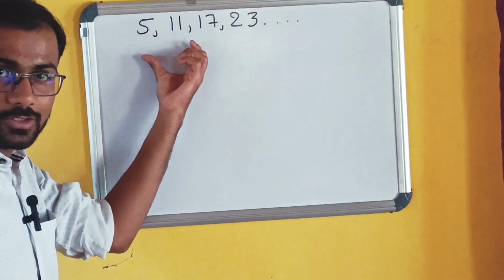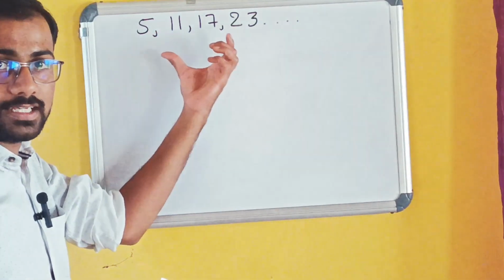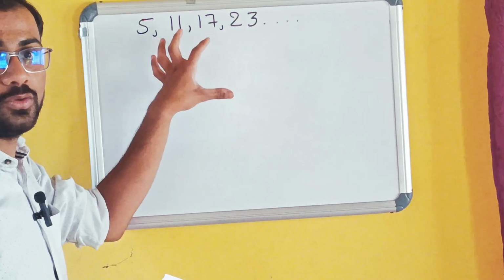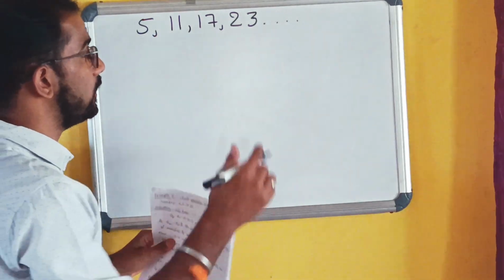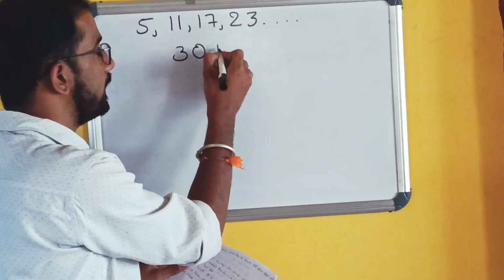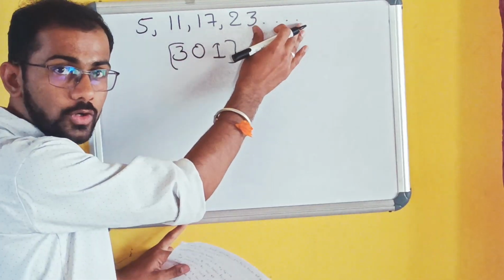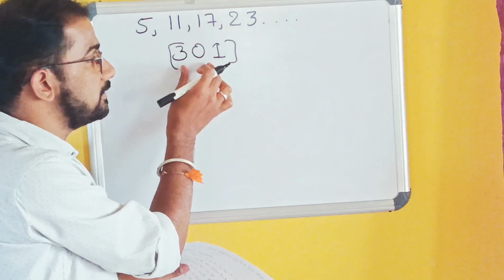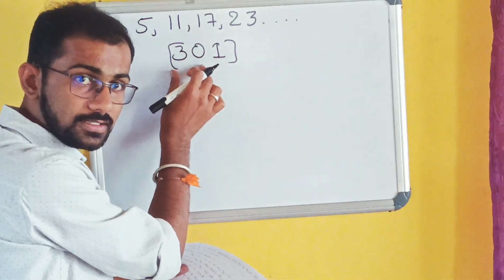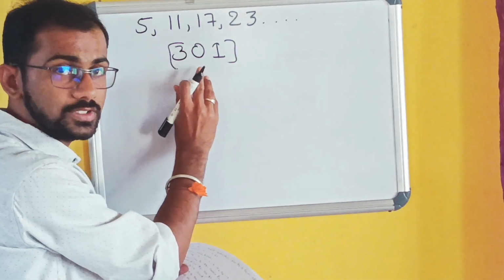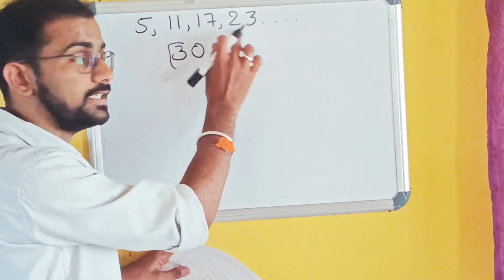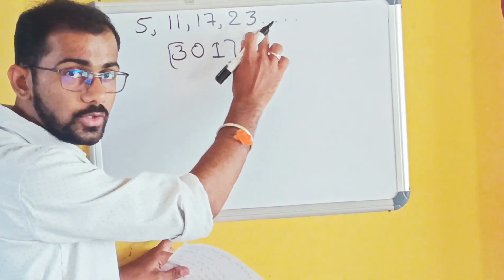This is the given list of numbers. The task is to check whether 301 is present in this sequence or not. This is the term we need to check.